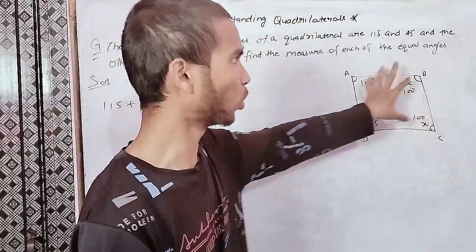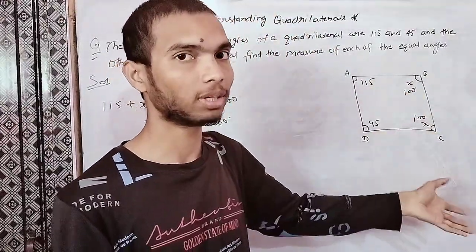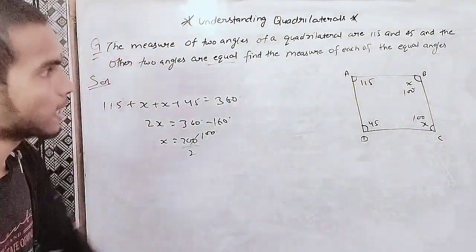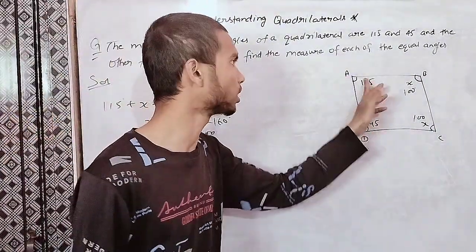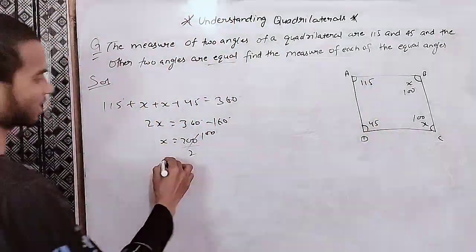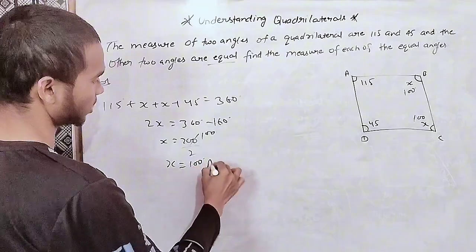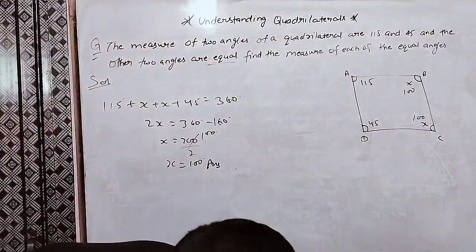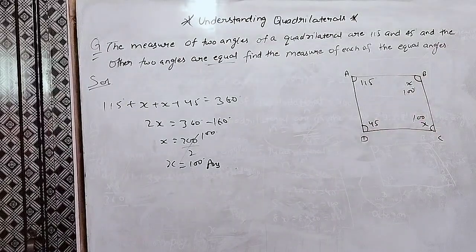Just add all the interior angles. If it comes to 360, then we can say our answer is correct. So this is the answer. Clear? Let's move. Just have a look, then we will take the next question.